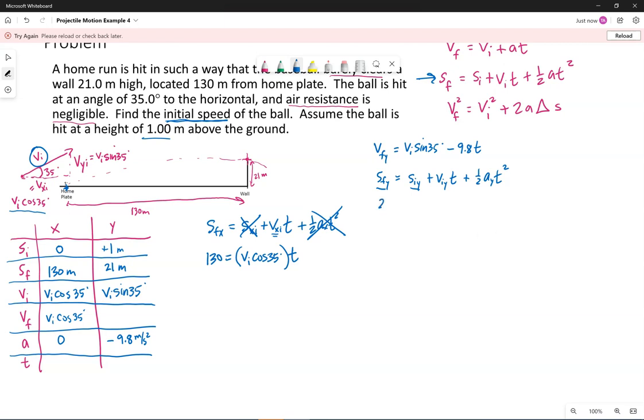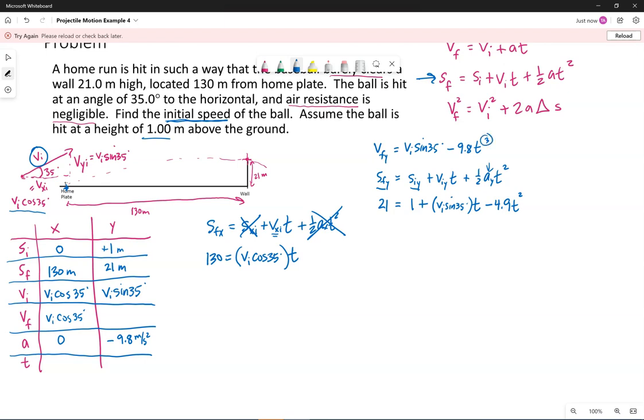So we could say 21 is equal to 1 plus V initial sine 35, which is how I would find the y component if I had the initial speed. I do know the acceleration in the y direction is negative 9.8. When I multiply that by 1/2, I get 4.9, so I can write that as minus 4.9 t squared.